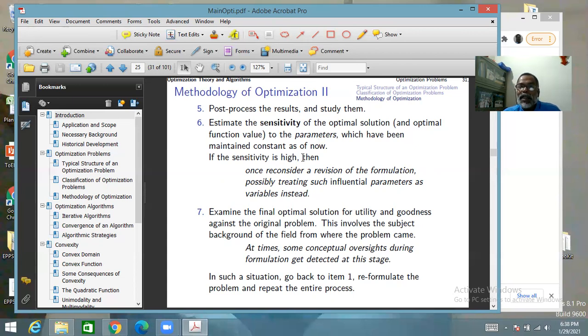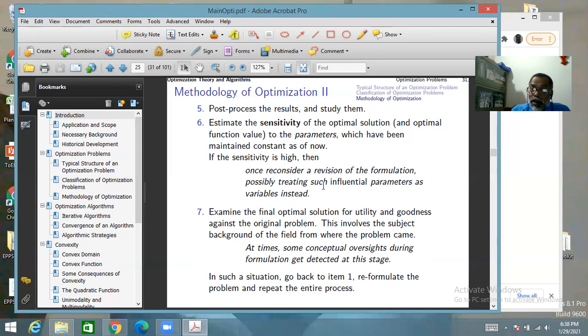So in that case, if you have control over the parameters, or try to assume control for that matter, reconsider a revision of the formulation, possibly treating such influential parameters as variables instead. If the sensitivity is low to some parameter, then you can leave it as a parameter. Even if you could change it, how does it matter?